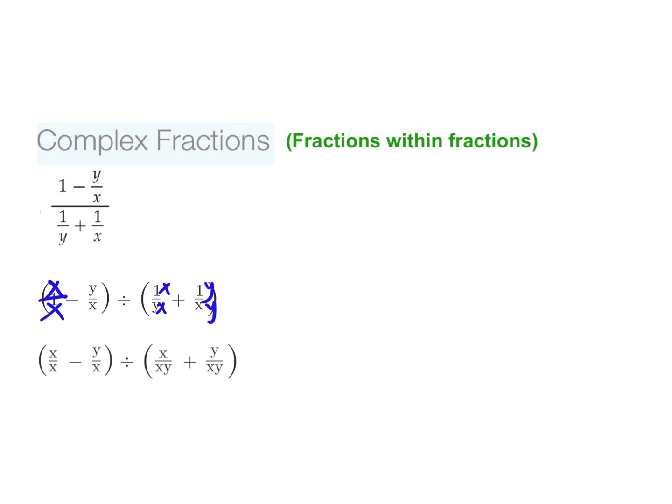Okay. Now here, when I bring them together, what do I get? What goes on top? X minus y over x. What about over here? X plus y over xy.